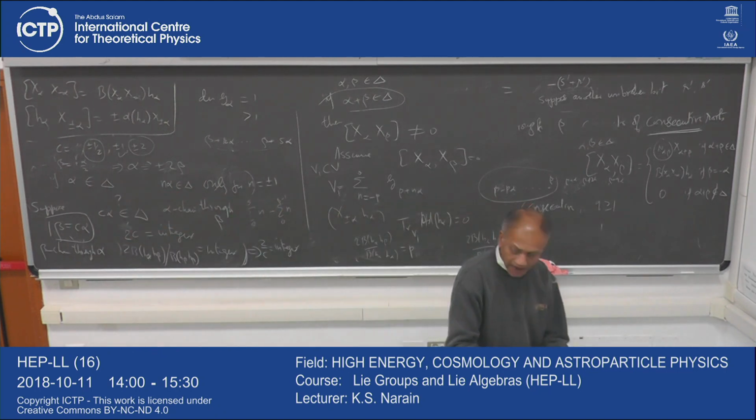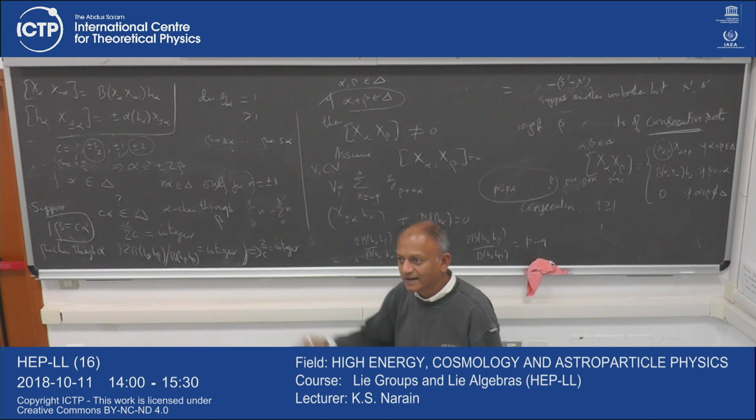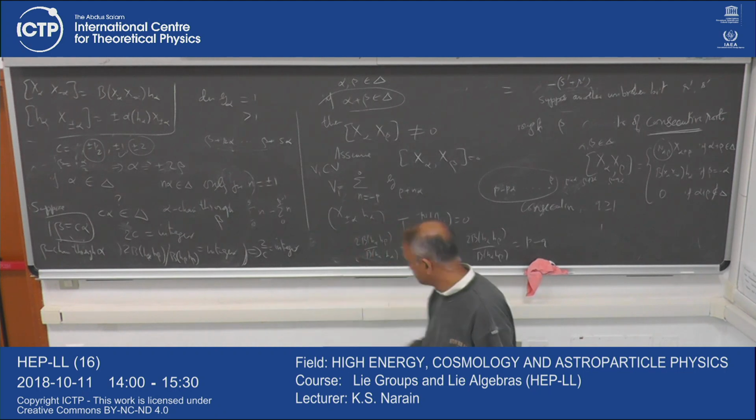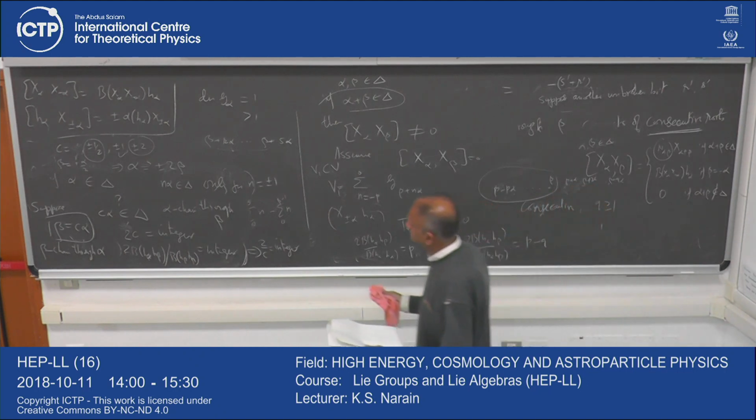But I just want to cover this last bit, which is what I started from the beginning today. You have a positive definite metric. There's a subspace of the Cartan subalgebra where the metric becomes positive definite. That is the idea here.